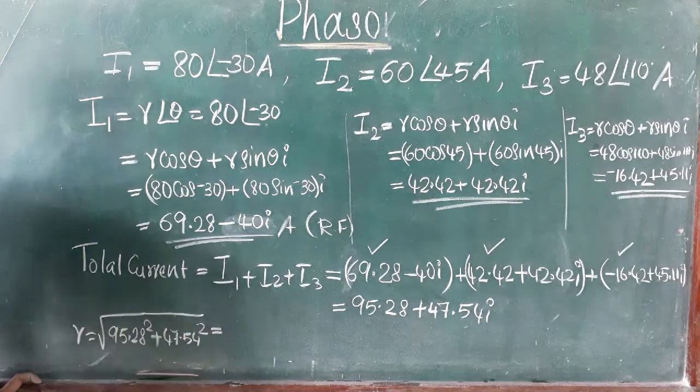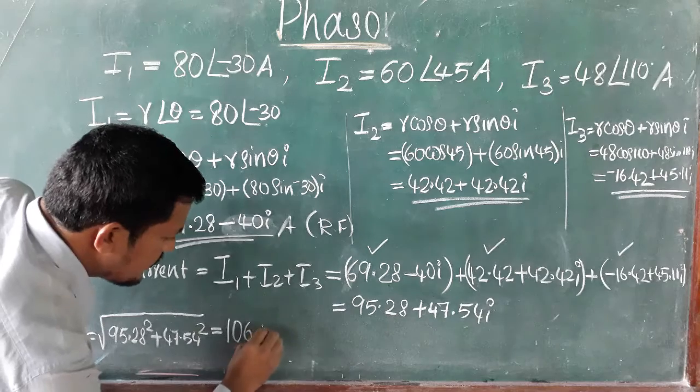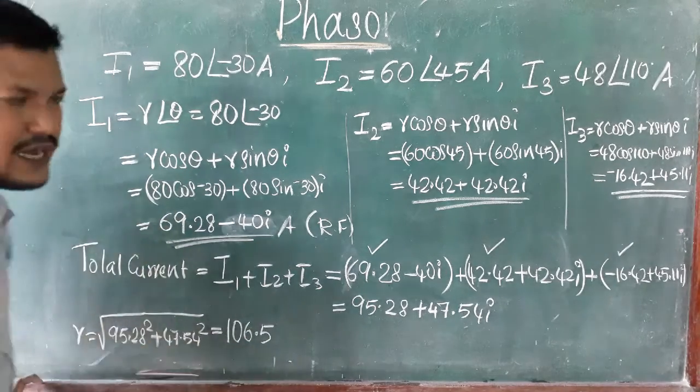While doing the calculation, this gives 106.5, the magnitude, or here the current, this much ampere.